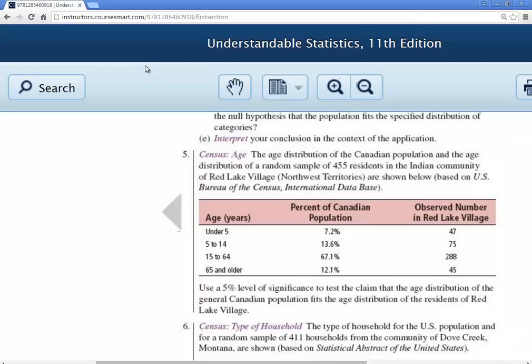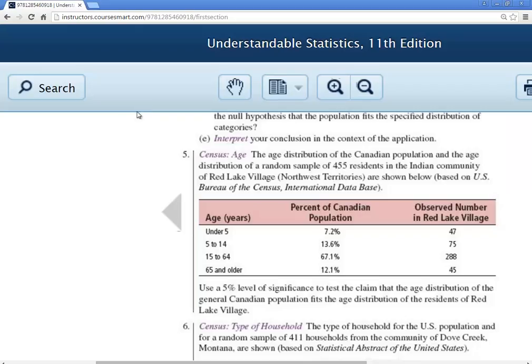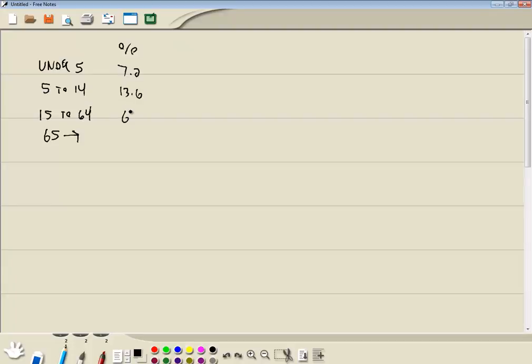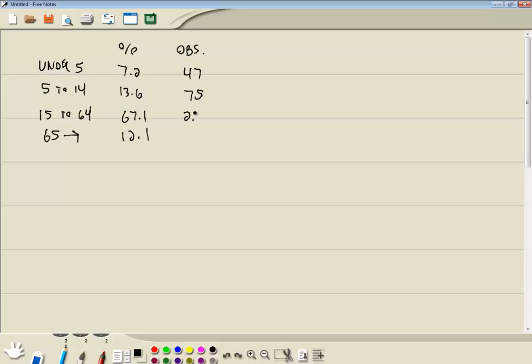Now our percent is 7.2%, 13.6, 67.1, 12.1. And our observed is 47, 75, 288, and 45.